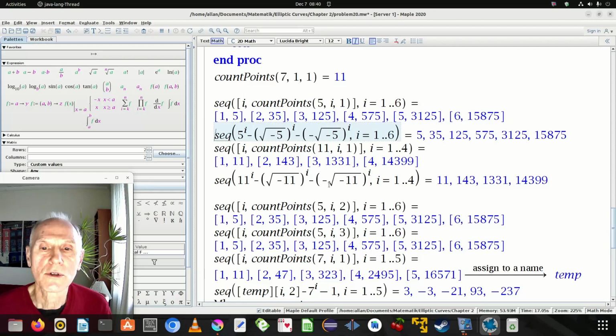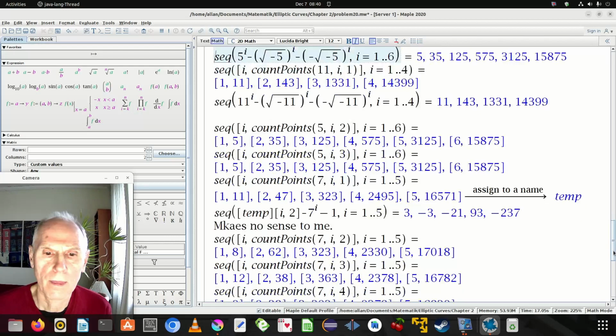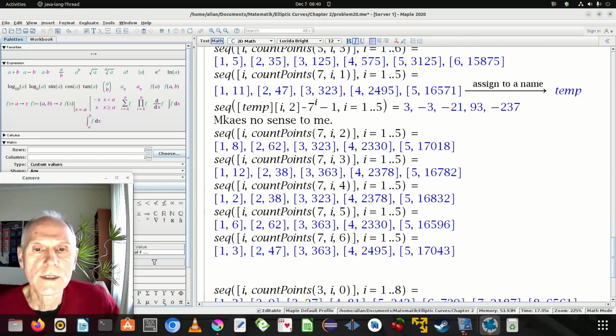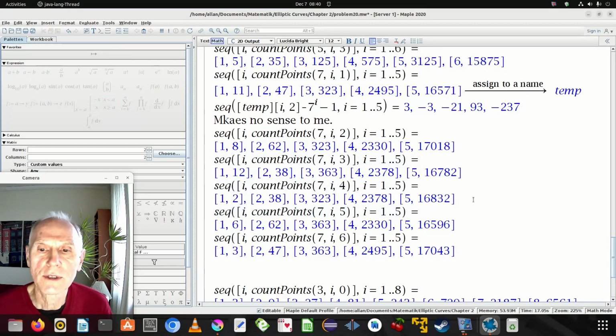Then I also tried different radii, and that was with 7, of course. Yes, with 7, I tried various radii, and they all had different results.